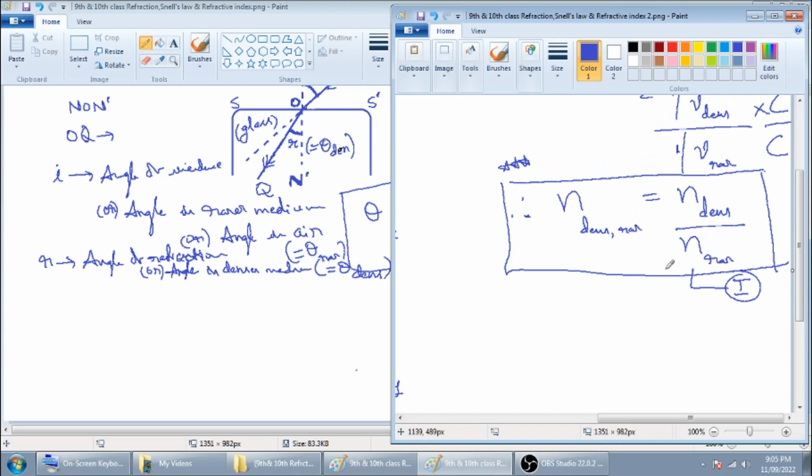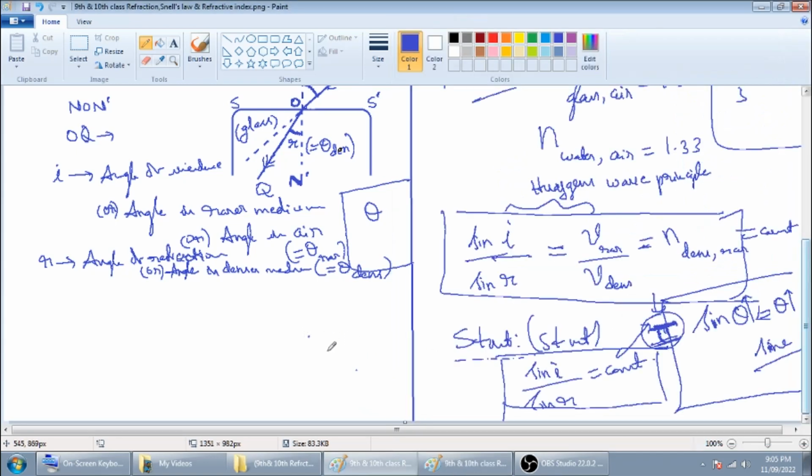Now just observe what is the importance of this. One very simple, new point can be observed here. I want this equation and the present equation which we got now to be compared.